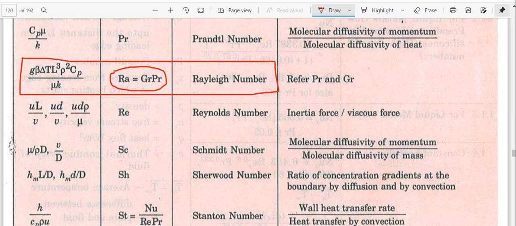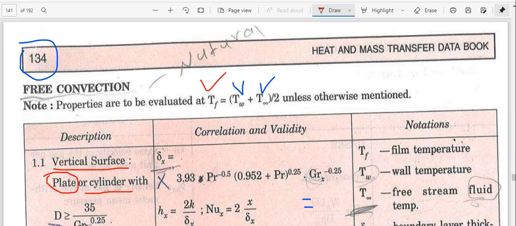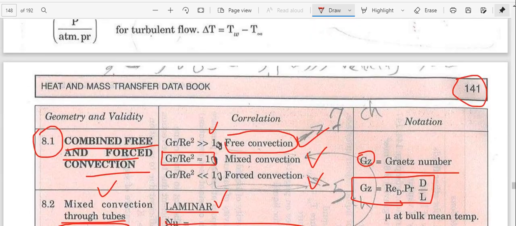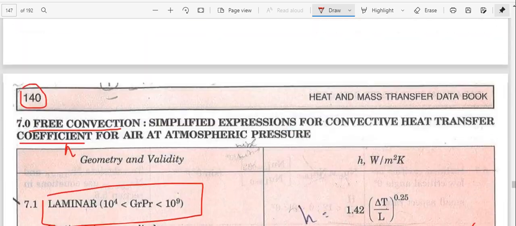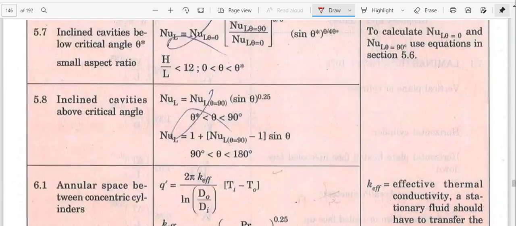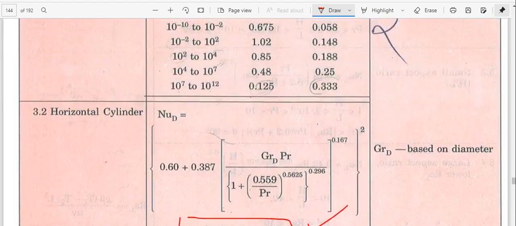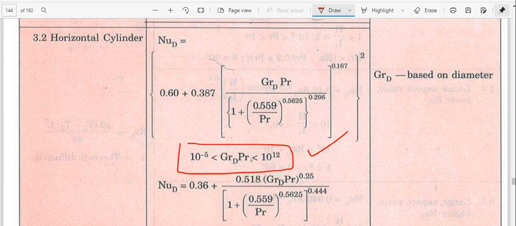Now I am directly going to the corresponding page. So here 10 power minus 5 less than Rayleigh number less than 10 power 12.